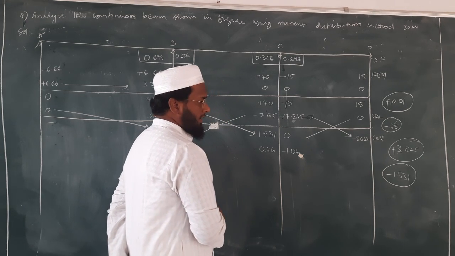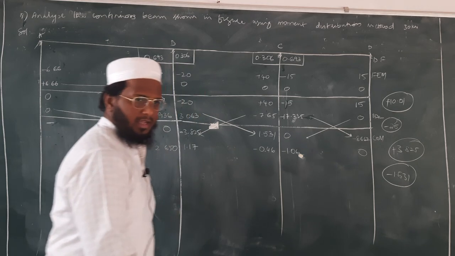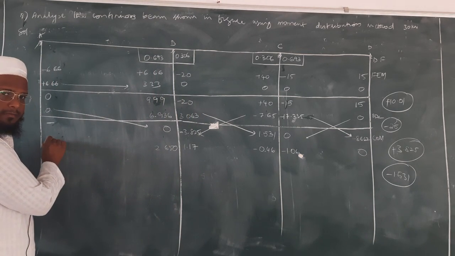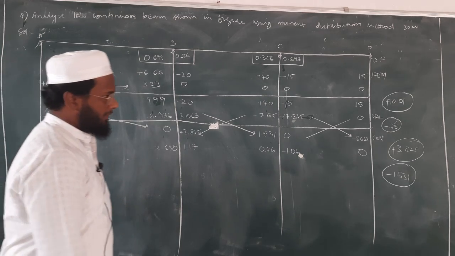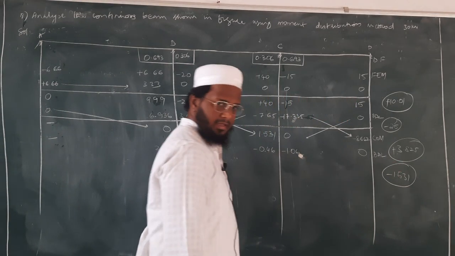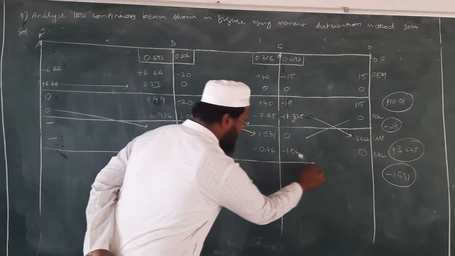Okay. Now do we have to balance here? No balancing. Either you put a 0 or dash. Here also, do we need any balancing? No need of balancing over here. So this step is your balancing.